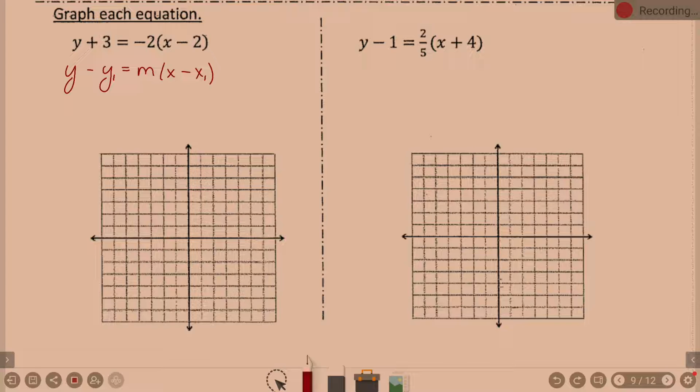So this is in point slope form. And the whole key here is that we are told an ordered pair and we are told a slope. So what I need you guys to find is what x1, y1 is and what m is.